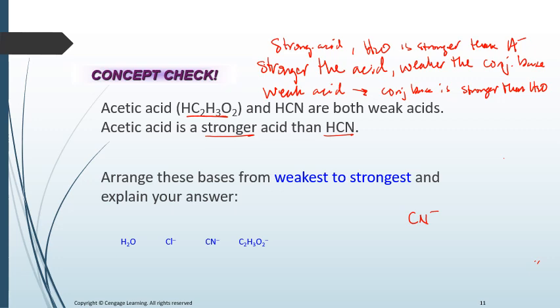So I have CN- as the strongest, and then I would have the next one being the acetate ion. And now I have to choose the chloride ion or the water. So once more, I'm going to focus on this up here. For a strong acid, water is the stronger conjugate base, or stronger than the conjugate base. So I know my next one would be the water, and then finally I would have the Cl-.